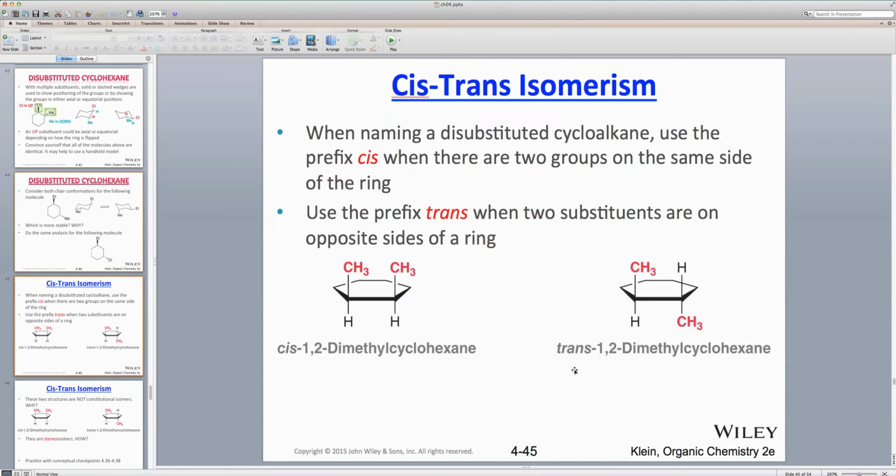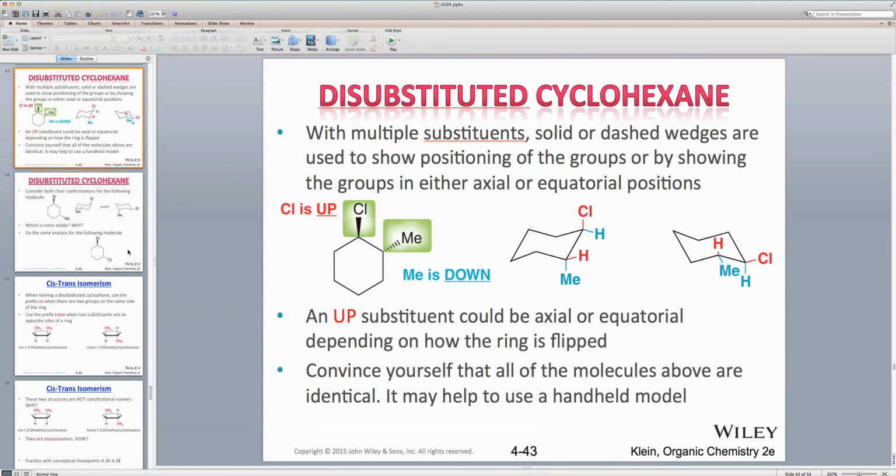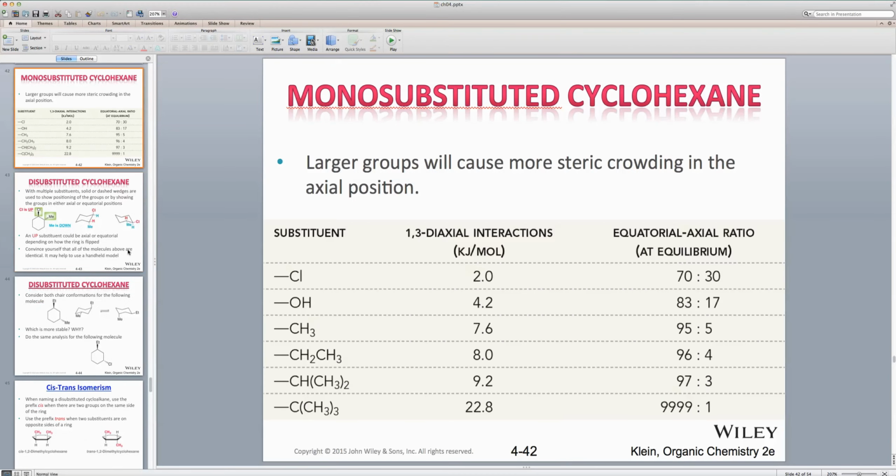And here we are. Here we go. So, first of all, notice the bigger the substituent, the more energetic penalty you're going to pay. And then also notice how much more equatorial than axial you get. So we like to think that chlorine is larger than a methyl group, but it's not.